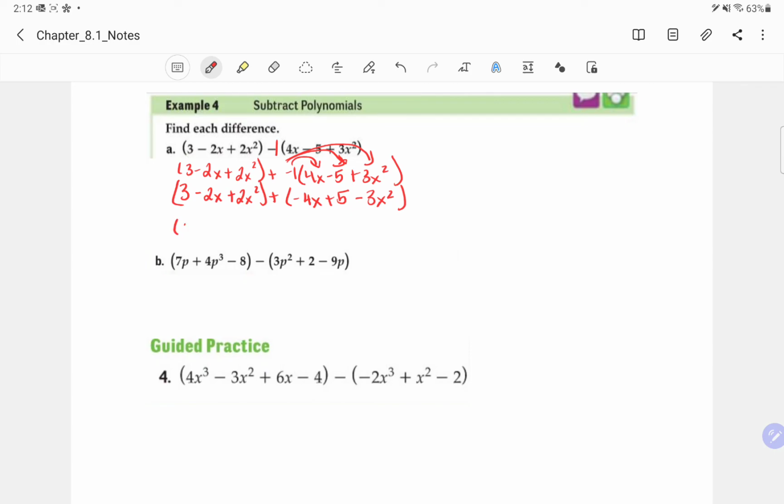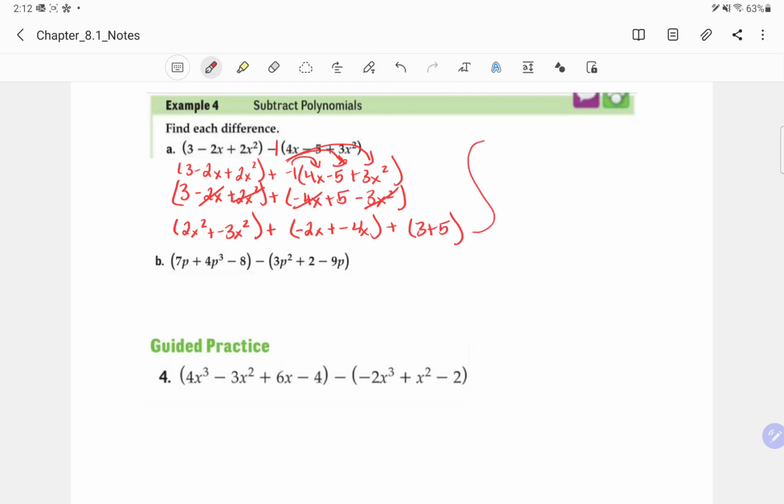So I'm going to have 2x squared as my biggest exponent, and it matches up with -3x squared. Then I have a -2x and a -4x. Then I have a 3 and a 5, and those get added.